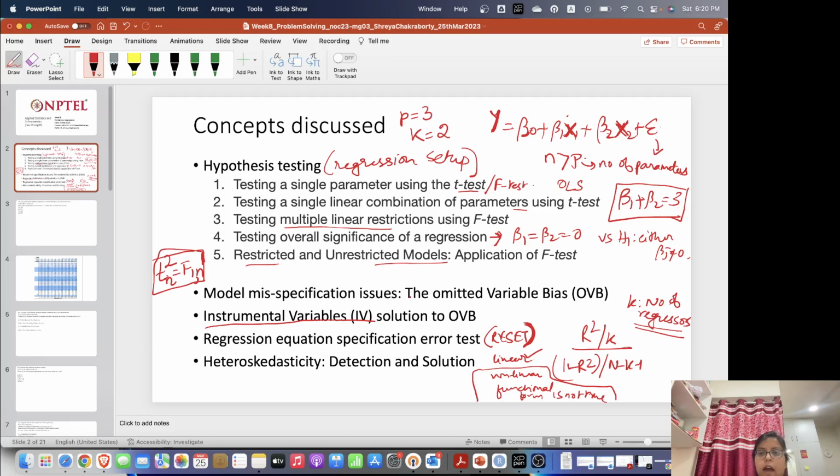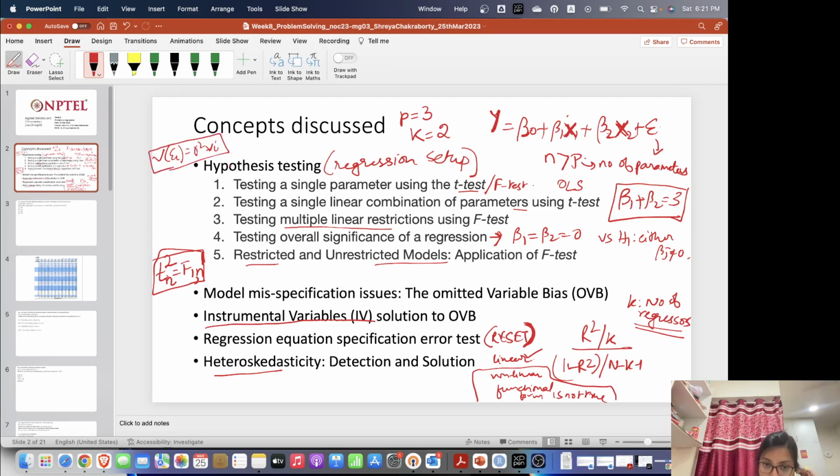Okay, and then again we learned about the heteroscedasticity problem. If you remember, in the Gauss-Markov theorem we had this important assumption that variance of epsilon i equals sigma square for all i, that is all the error variances are equal.